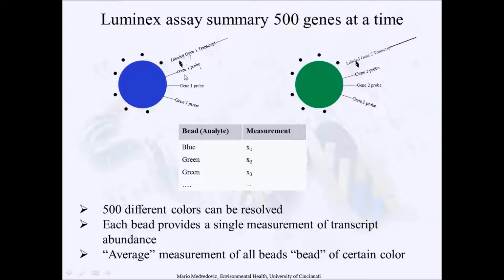The level of hybridization will depend on the relative abundance of this transcript, just like, for example, in microarray. You can think of this as a spot on a microarray.